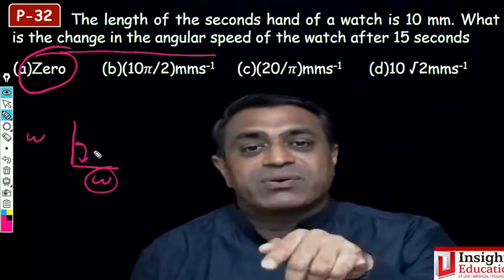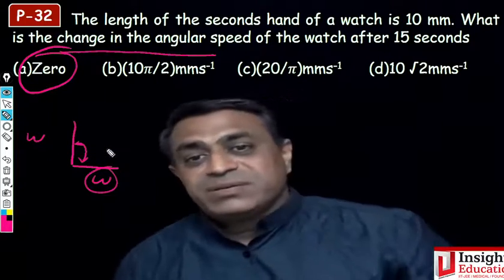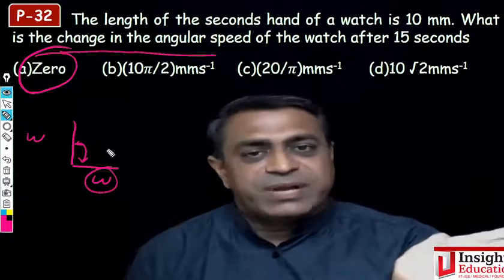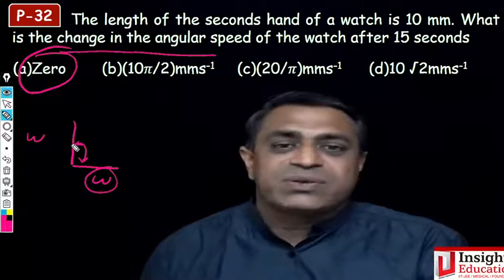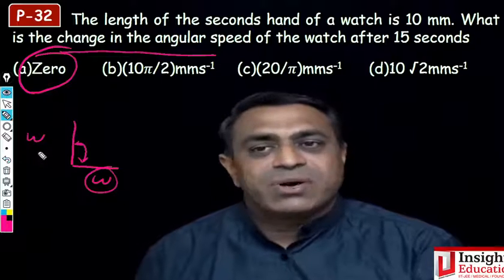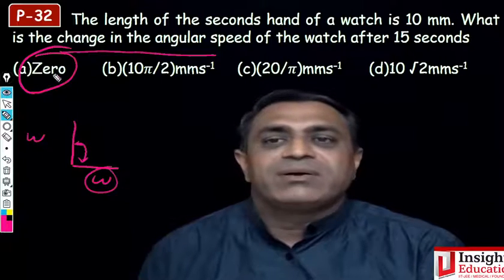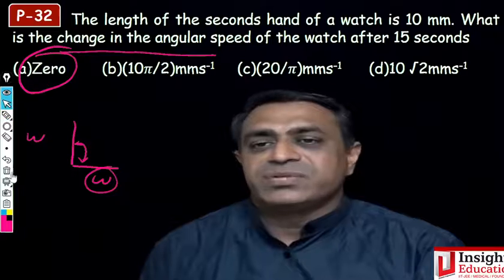The rate of change of time is constant. So omega is constant, and the change in angular speed is 0.